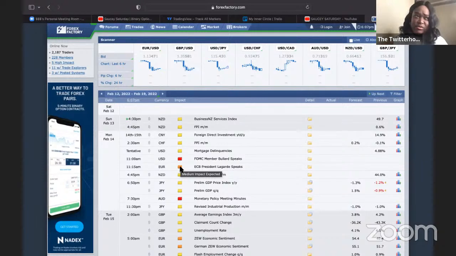So I typically risk 1%. So I would drop my risk down to 0.5% when I see an orange folder. Now, that's it. Red folder, the plague, right? Yellow folder, I'll trade. Orange, I'll reduce my risk. Red folder, I'm not trading it whatsoever.